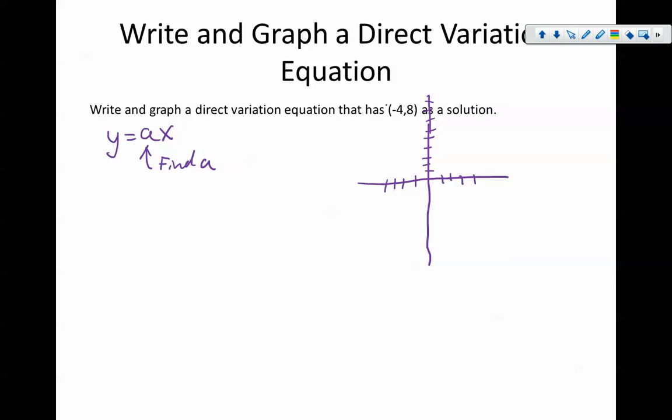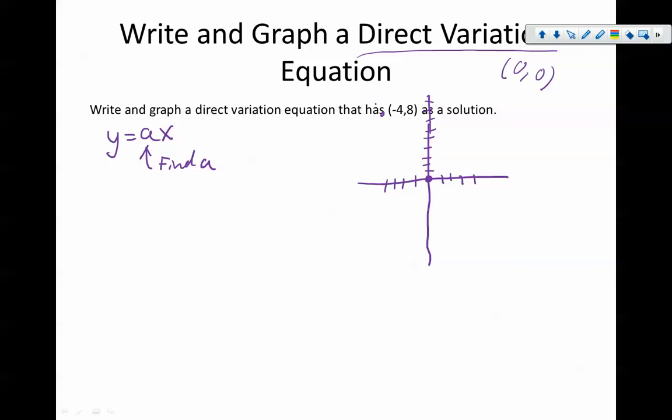That's this point right up here, 1, 2, 3, 4, 5, 6, 7, 8, right here. But I know another point that this line goes through. Because it's direct variation, I know that it goes through the origin, 0, 0. Because again, direct variation is all about the rate of change, and the starting point is always 0.